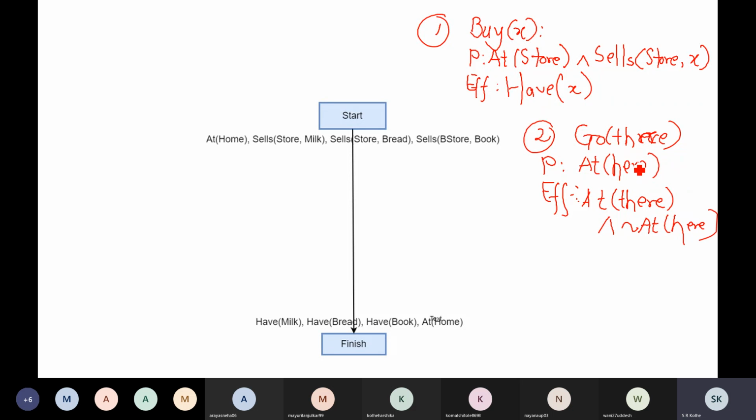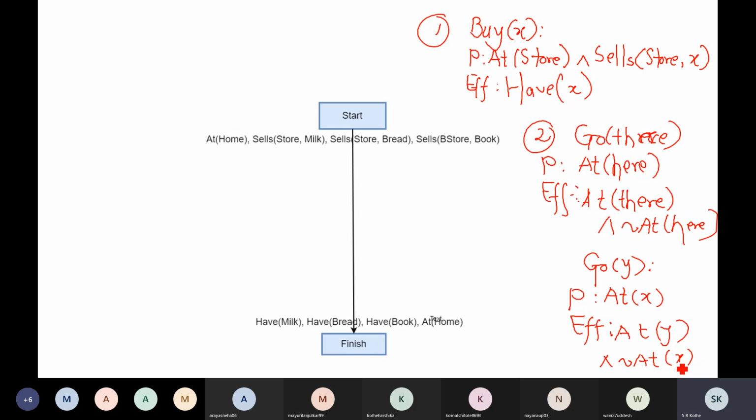Instead of there and here, you can have variable names x and y also, like go y. The precondition to perform this is the robot should be at x, and the effect is the robot will be at y and not at x will be false.